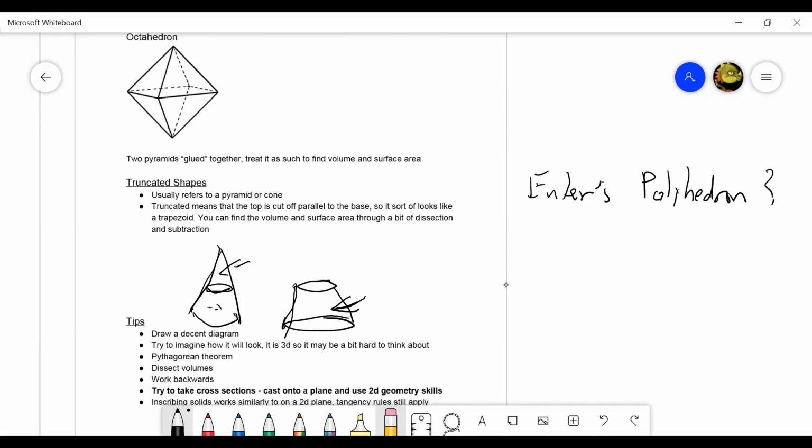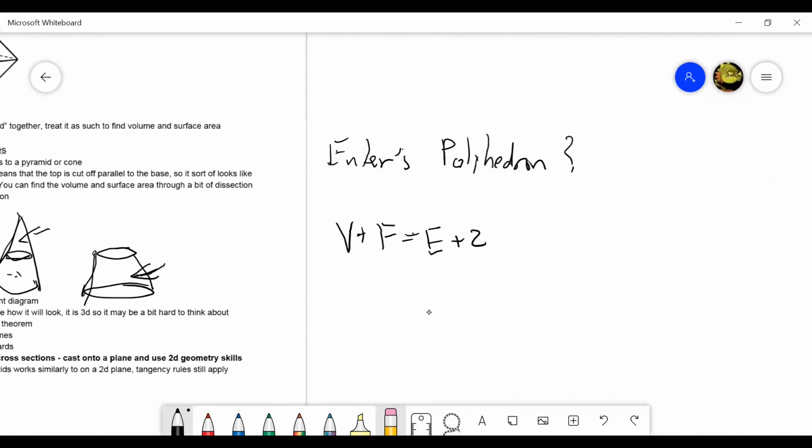But it says that for any polyhedron that does not have any holes, which in reality anything you'll see won't have, the number of vertices plus the number of faces is equal to the number of edges plus 2. So for all solids, this is true.